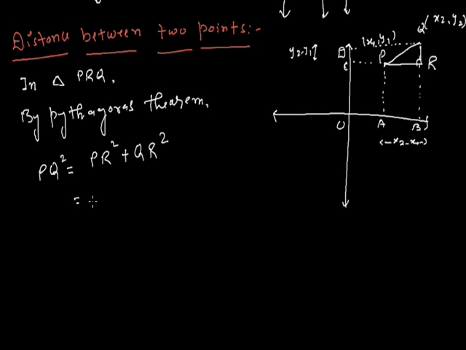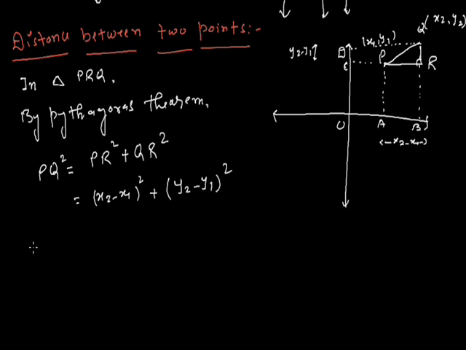Here PR square means (x2 minus x1) square plus QR square means (y2 minus y1) square.